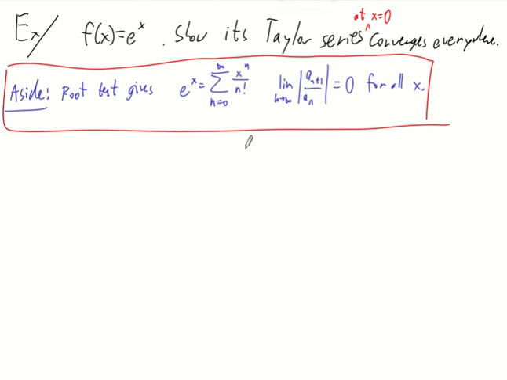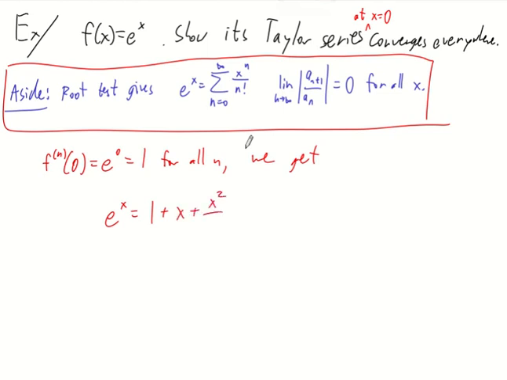Since the derivatives are equal to 1 for all n, f^(n)(0) is equal to e to the 0, or 1, we get e to the x is equal to 1 plus x over 1 factorial plus x squared over 2 factorial plus x cubed over 3 factorial, all the way out to x to the n over n factorial. So this is my nth Taylor polynomial.